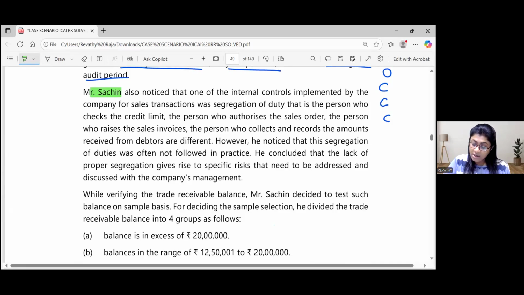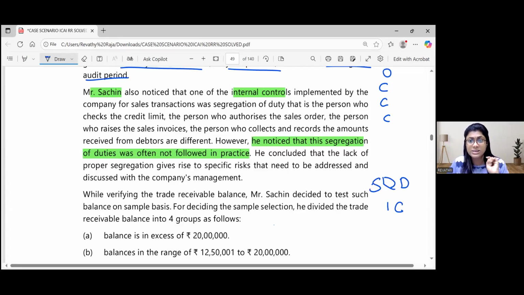Sachin noticed that internal controls implemented by the company for sales transaction, where segregation of duty, the person who checks the credit limit, who authorizes the sales order, who raises the invoice and collects the amount received from debtors are different. However, he notices that segregation of duties were not often followed. Segregation of duties is part of dash. Come on, segregation of duties. SOD, segregation of duties is part of internal control.